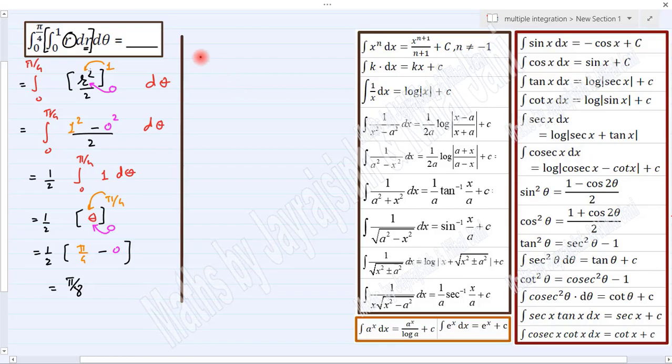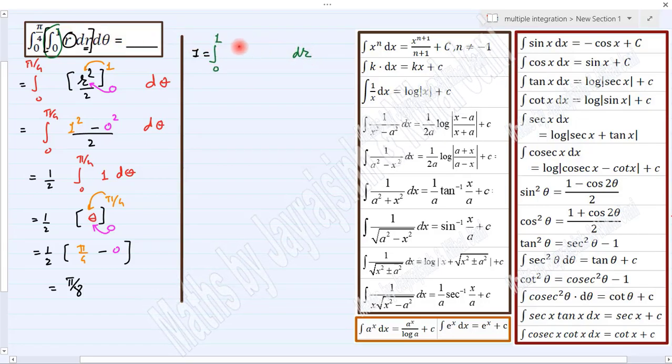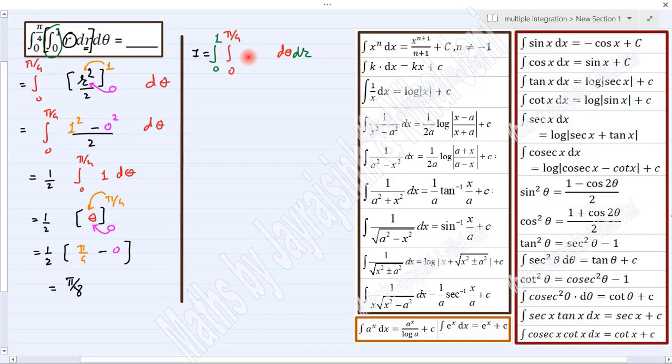Let's try to change the order. Your inner integration, which is 0 to 1, take it outside, and your outer integration, which is with respect to theta, take it inside, and we have integration of r. But first of all, we are going to integrate with respect to theta.